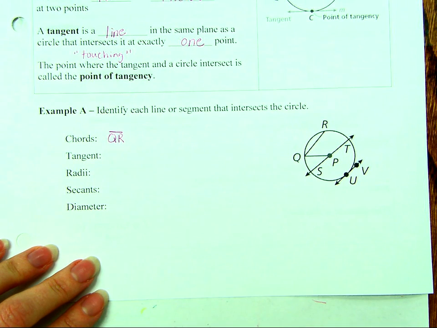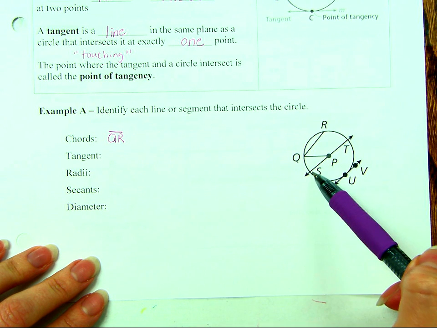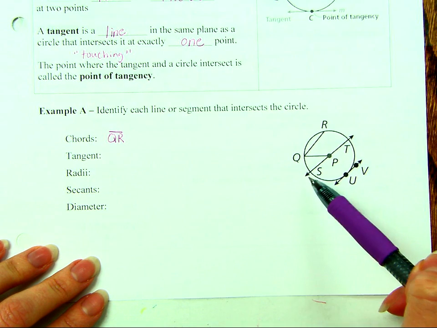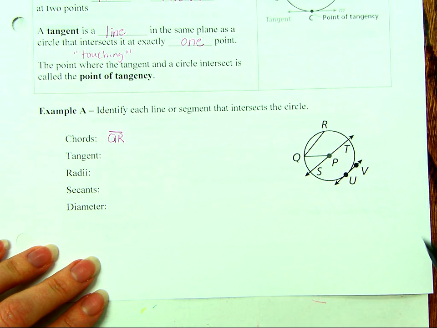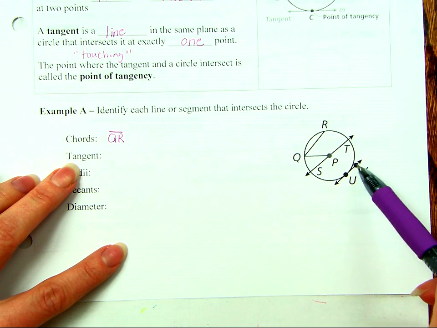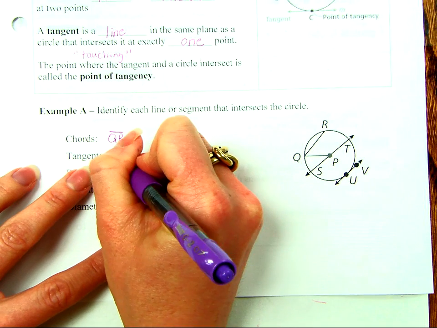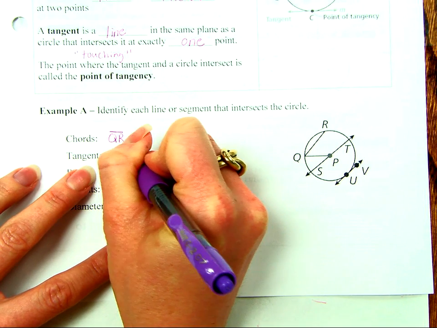So I'm going to write it as so. Now sometimes you might see them identify the segment ST as a chord, but the line ST as a secant. When I'm looking for my tangent, well, my tangent line intersecting once would be here. I can see that would be the line UV, where I'm going to remember to put my symbol on top.